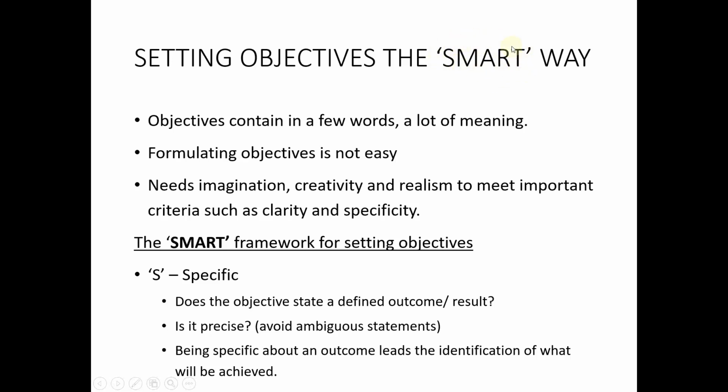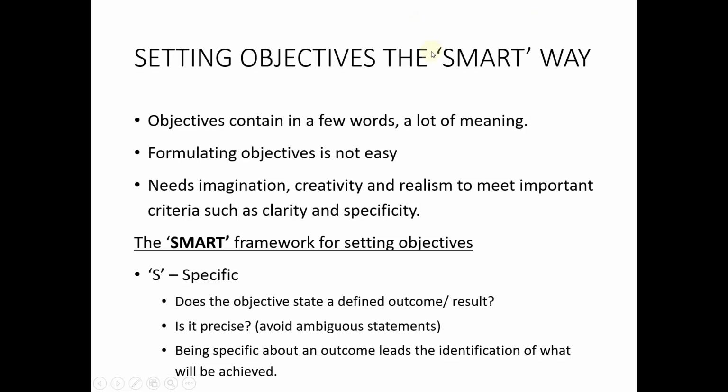So let us see what SMART means. When we set an objective, it may not be related to design. Generally, when we are setting an objective for doing anything, say for example your academic project also, the same thing can be applied, setting a SMART objective. Now what is a SMART objective?